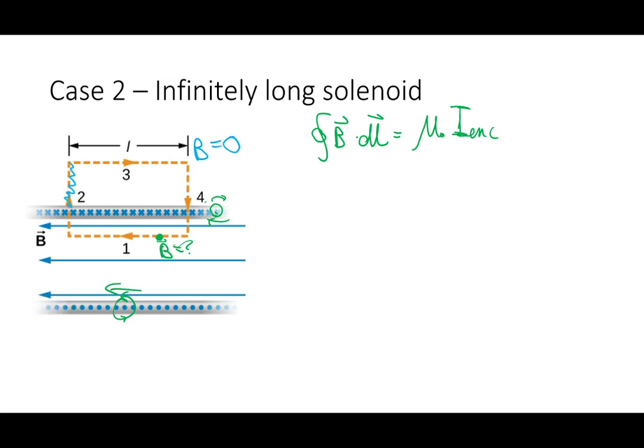So I'll do the easy one first. That's out here. Because we said that your magnetic field is 0 outside of the solenoid, then whatever integral you have with dl, you just end up with 0. All the section should give you 0, B dot dl.